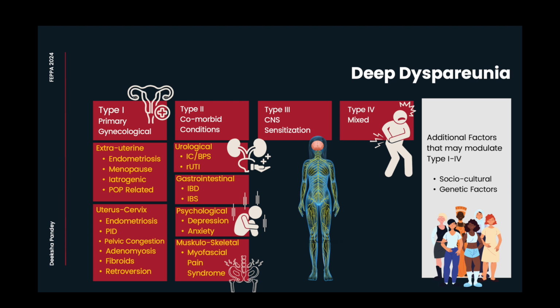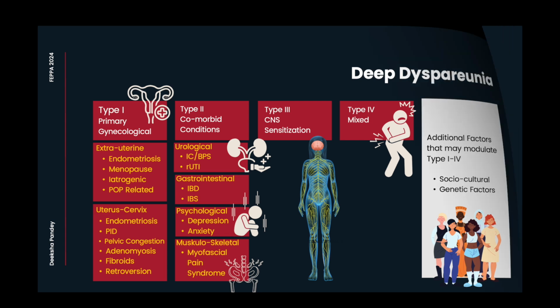Type 3 is the pain that happens because of central sensitization. Type 4 will be the group when more than one condition is present, like endometriosis may also be associated with interstitial cystitis. Then, to complicate the issue, there can be additional factors that may modulate any type from 1 to 4. These include social circumstances and also genetic factors.